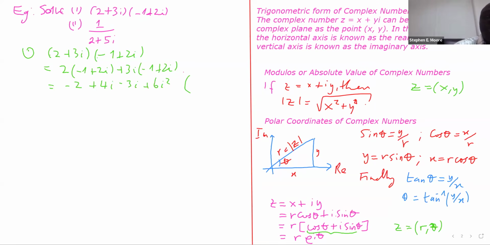And then again, we should not forget that we said i squared is equal to minus 1, right?